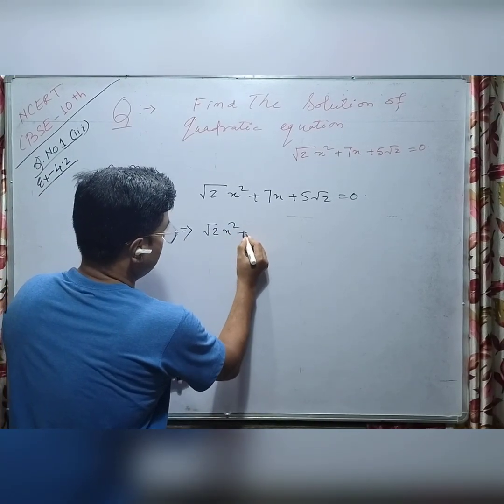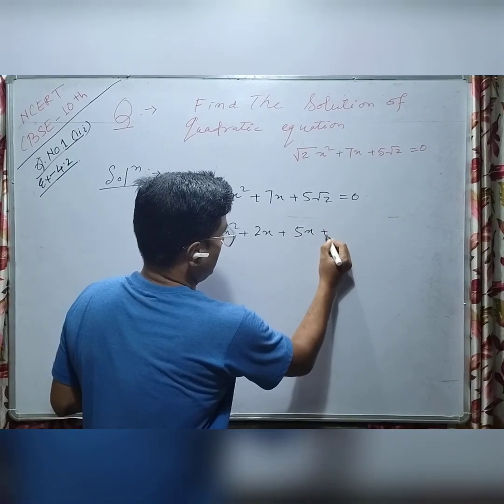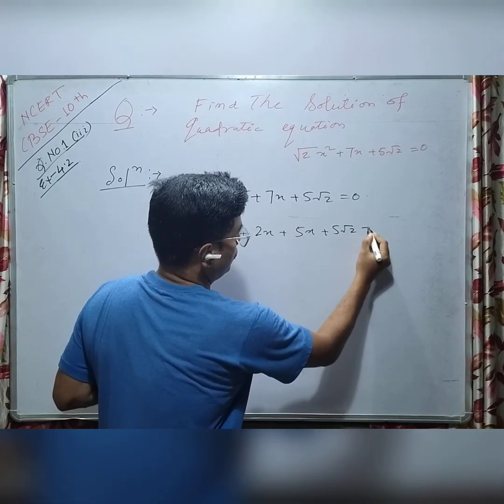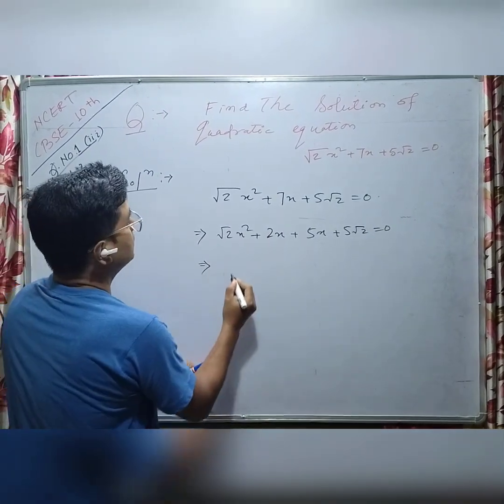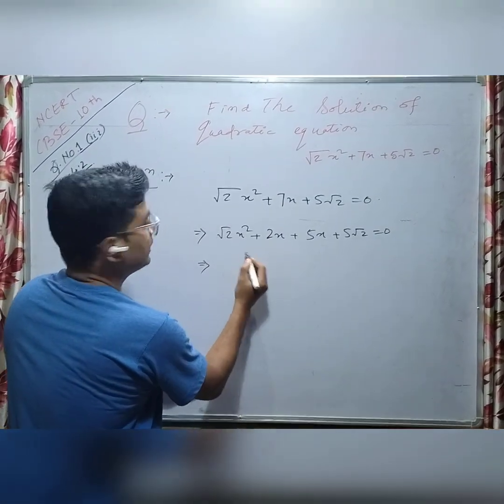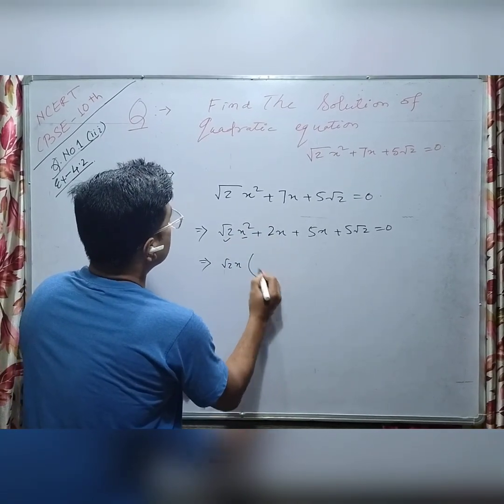Root 2 x square plus 2x plus 5x plus 5 root 2 is equal to 0. Now, students, you will take root 2 x as common.